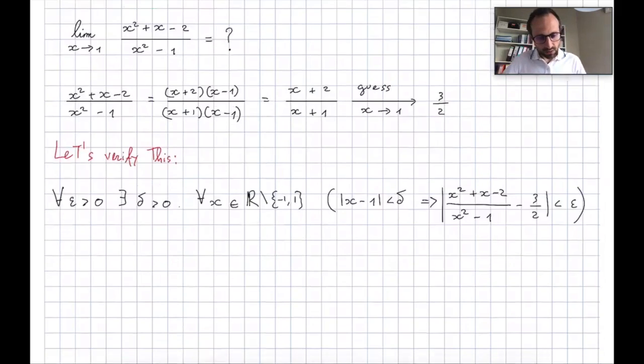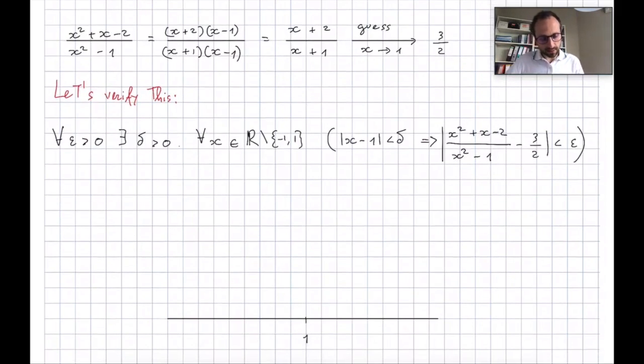Perfect. So just very briefly, let's recall what this definition means. We've got the real line, the point 1 just here. Let's draw a very simple function here. Suppose this is f of x. In 1, the function may not be defined, as in this case here, or it may be defined somewhere else, like here, for example.